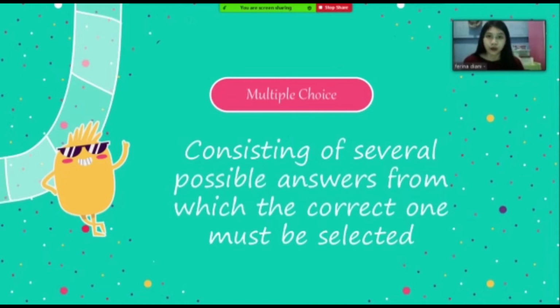In other words, a multiple choice question is a question type where the respondent is asked to choose one or more items from a limited list of choices. A multiple choice question consists of a stem, the correct answer, and distractors.